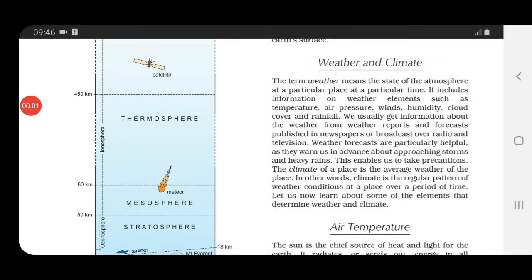Now children, forecasting the weather conditions is helpful or not? Yes, it is very helpful.